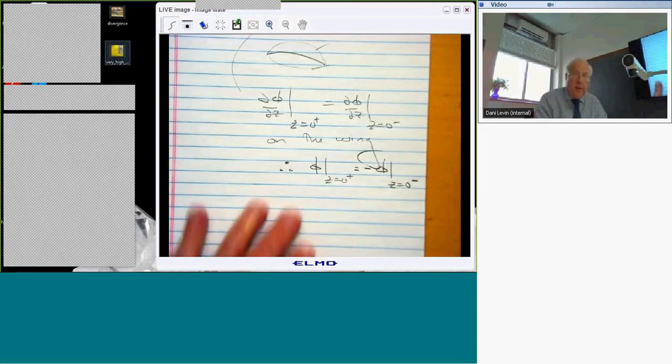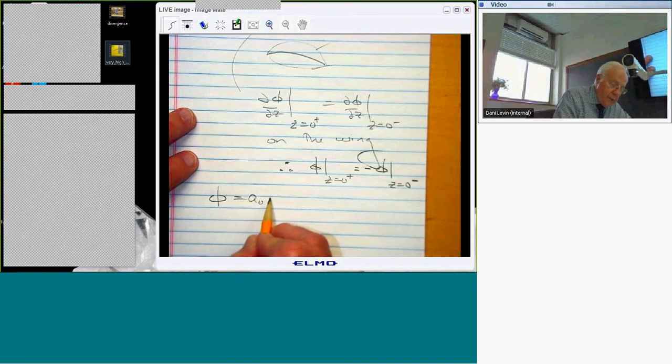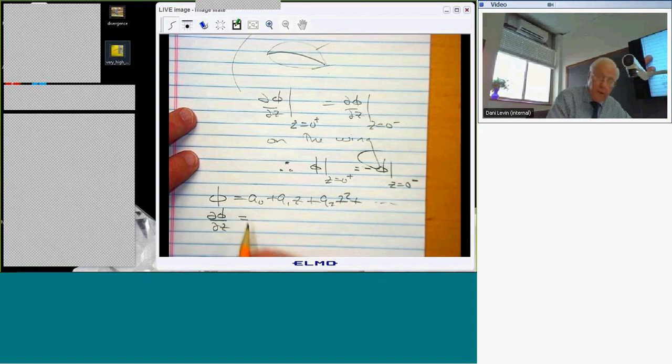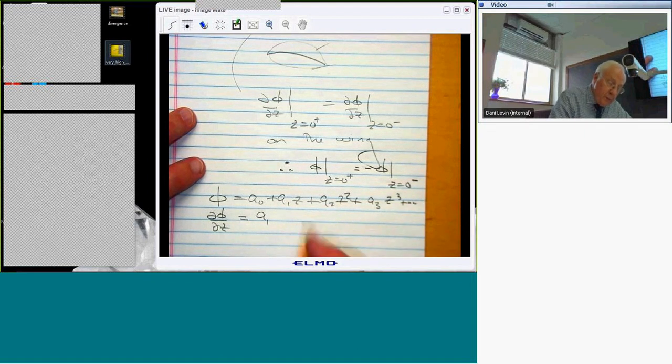And one simple way to think about it is just think of phi as being a plus a1 z plus a2 z squared, etc. And now if I differentiate this with respect to z, I get a1 plus 2 a2 z plus 3 a3 z squared plus whatever.